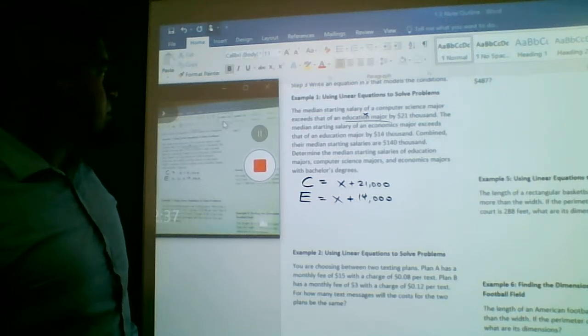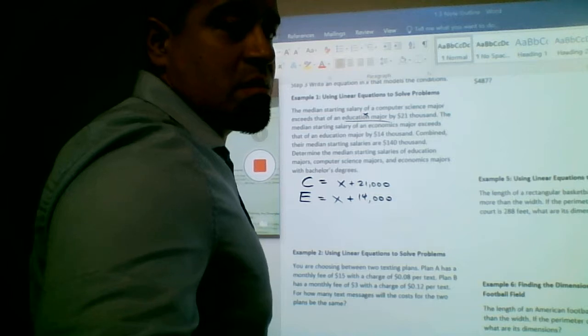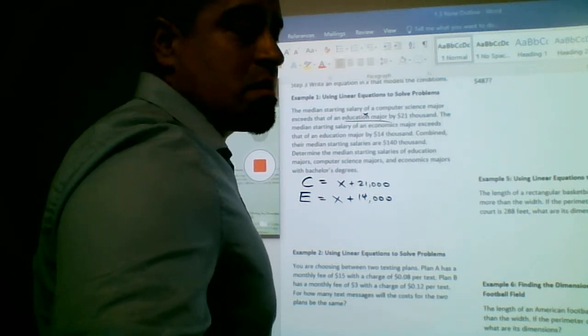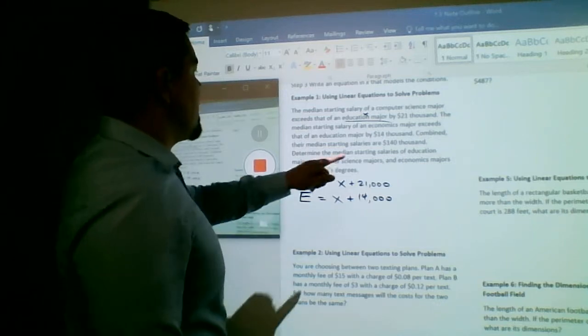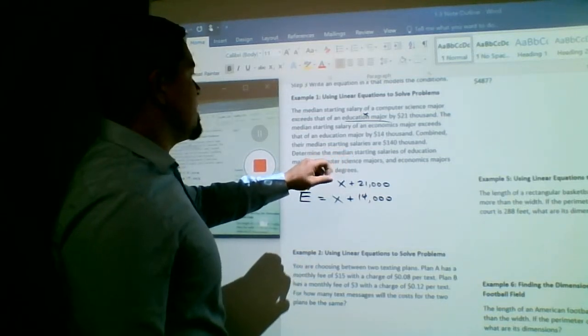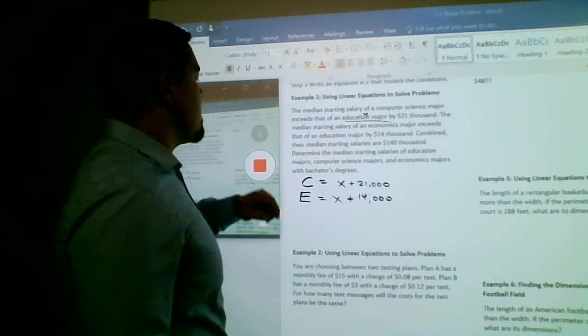So from here, we're going to think about what we need to do. It says combined their median salary is $140,000, which means all of them combined.